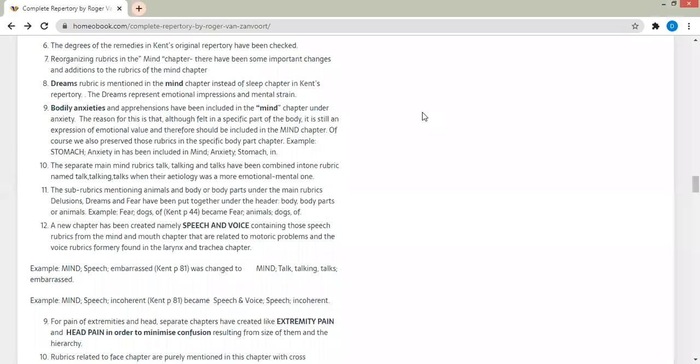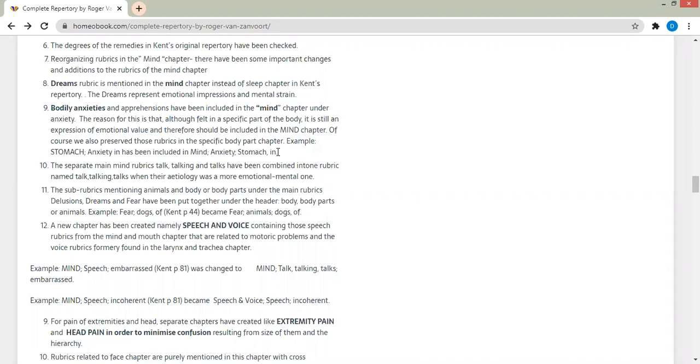The reason for this is that although felt in a specific part of the body, it is still an expression of emotional value and therefore should be included in the mind chapter. Of course, we also preserved those rubrics in the specific body part chapter. For example, stomach anxiety in has been included in mind, anxiety, stomach in.